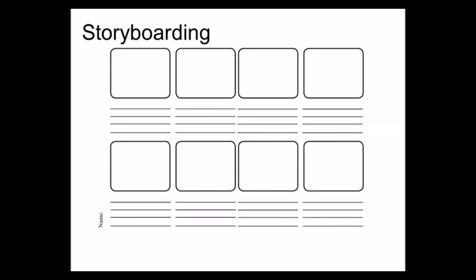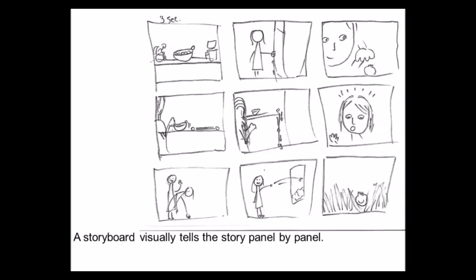You can also use storyboarding and have your students create storyboards. For those of you who are not familiar with storyboards, it's simply something like you do when you think of cartoons. You have them visually create a story that reflects the lesson.